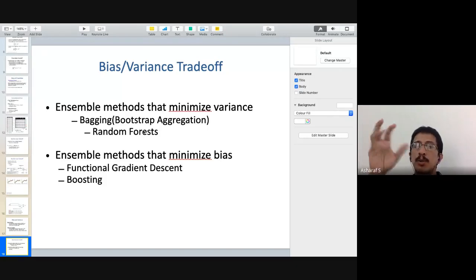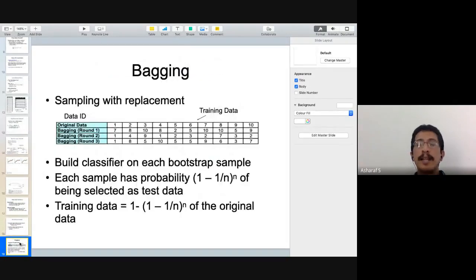So error can be controlled by a proper trade-off between bias and variance. Bagging-kind of ensembles typically work on the variance side, and ensembles such as boosting, which we are going to see, work around the bias side. This is again for those who are interested in the theoretical aspects. Let's look at bagging.